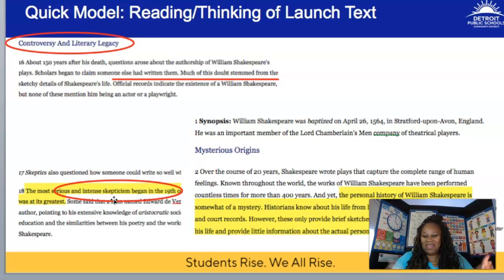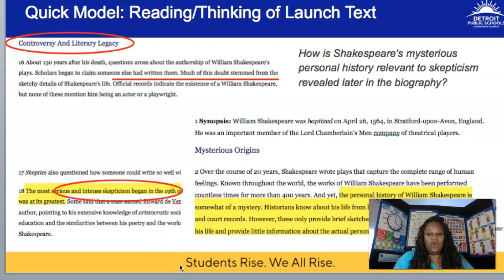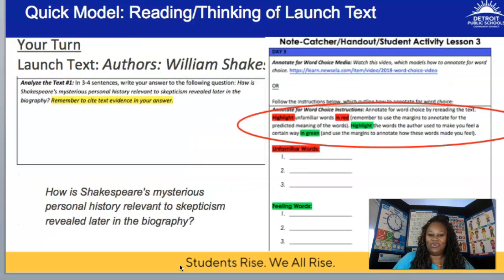Skepticism only means doubt. Okay, scholars, as we continue on with this week, our question that we're answering: how is Shakespeare's mysterious personal history relevant to skepticism revealed later in the biography? Relevance only means important. So why is this important? And I'm sure you can come up with that on your own.